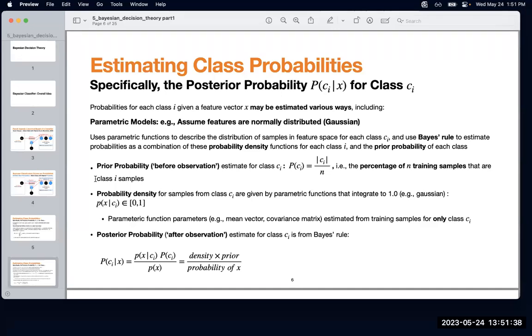The next kind of probability function that we would be using would be the probability density, or the likelihood. The likelihood represents our belief in the likelihood of your input conditioned on the class.